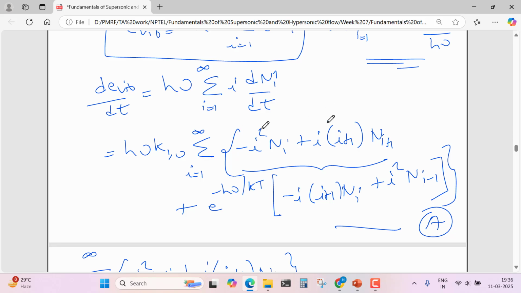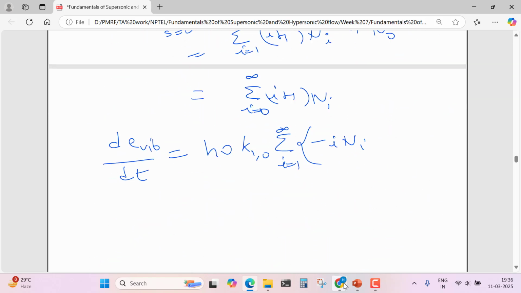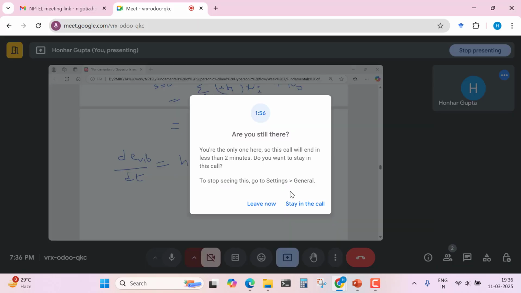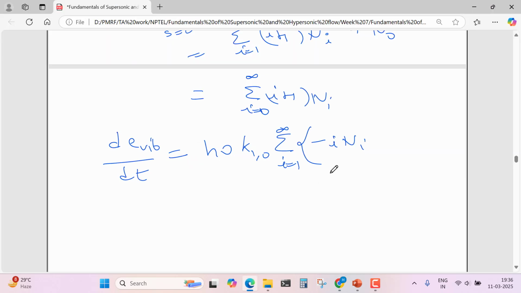These two terms we got minus i n_i. For the second term, it was plus e to the power minus h nu upon kt, and we got (i plus 1) n_i.